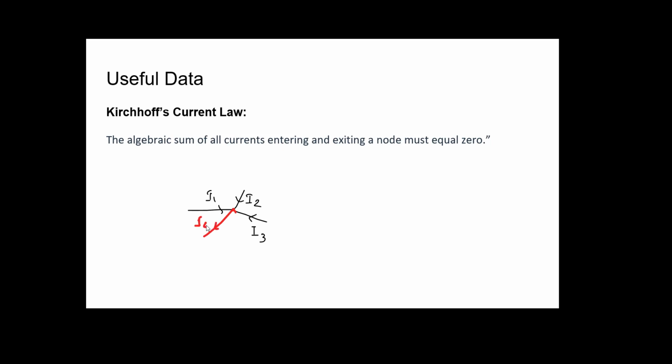I4 is exiting, and then you have this current I5 that is exiting from this node. So according to Kirchhoff's laws, the current I1 plus I2 plus I3 is equal to I4 plus I5. We are going to make use of this concept in order to solve this problem.